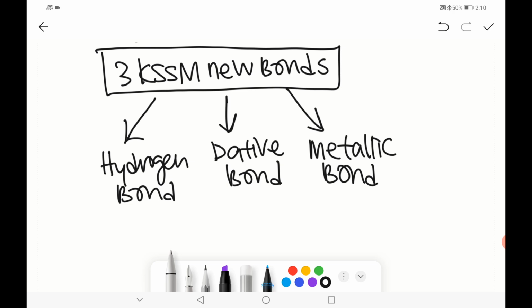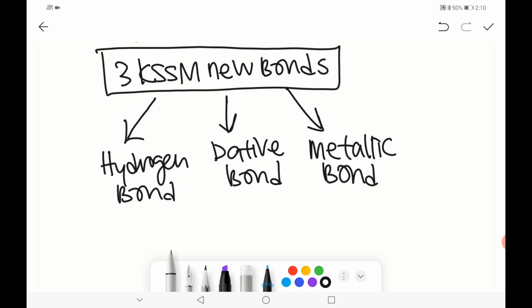Okay, you don't need to know too deep about them. These 3 new bonds, you don't need to know too deep about the entire idea. You just need to know some rough concepts. I will advise for these 3 new bonds, try not to refer or read any textbook or reference book. You can do that if you want extra information, but it is very confusing.